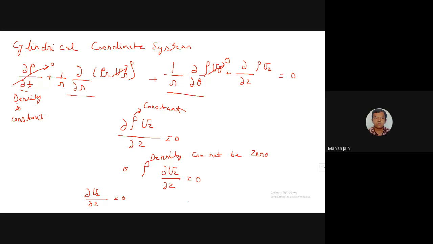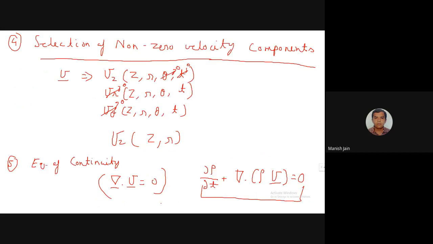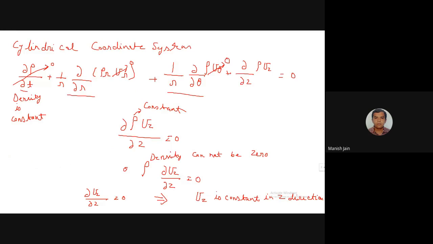That means Vz is constant in z direction. So when you use the equation of continuity, it tells you that Vz cannot depend upon z direction. Initially we assumed that Vz may depend upon z and r direction.